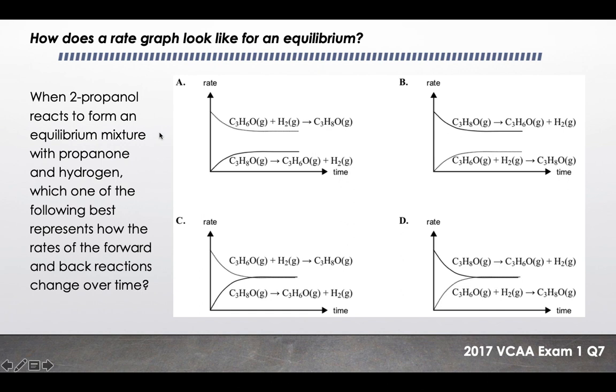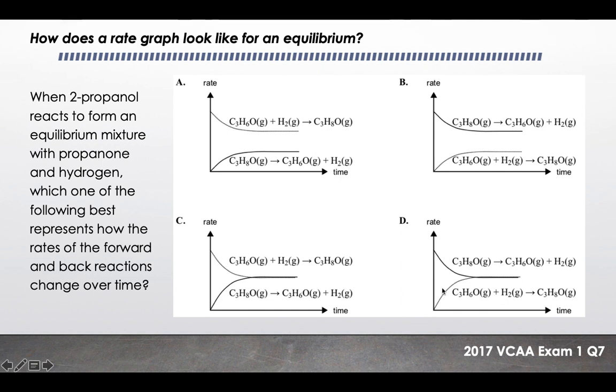We know that for an equilibrium to be established, the key feature is that the rate of the forward reaction should equal the rate of the backward reaction. That means on this rate versus time graph, the two lines should meet in the middle. That rules out A and B.